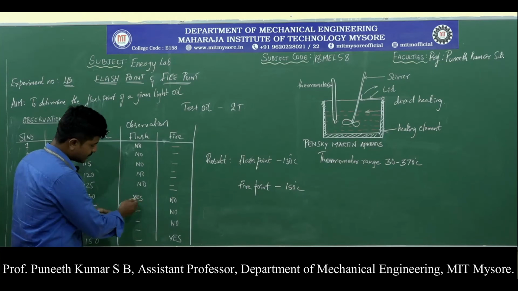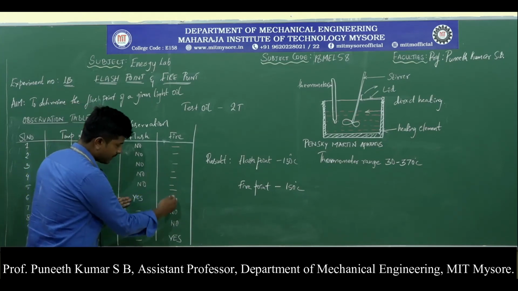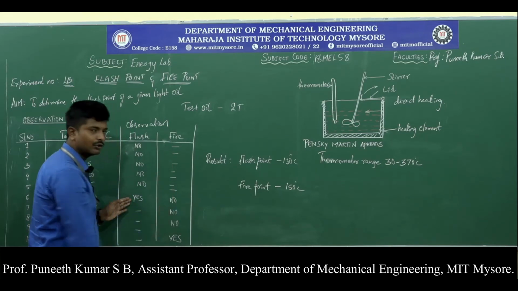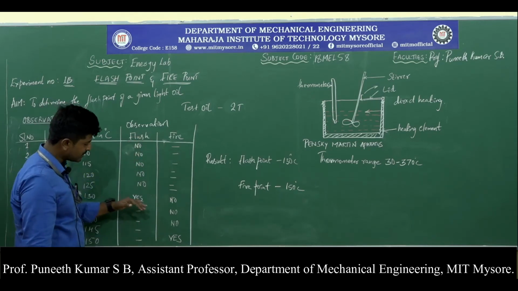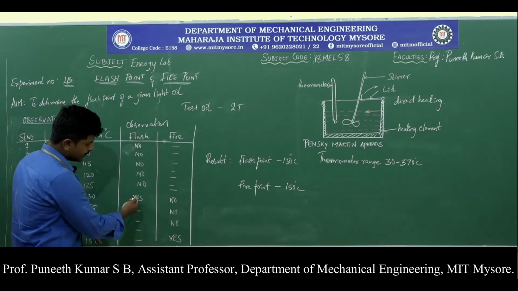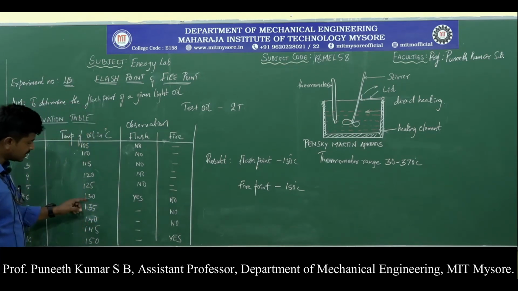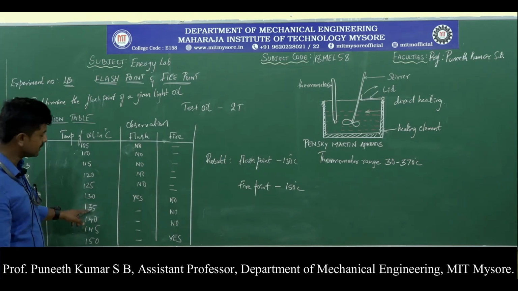Only after the flash point has occurred will I move on to the fire point column and write yes or no. Whereas in the flash point column, once the flash has occurred, there will be no more writing of yes or no. So after 130, we went for 135, repeated the procedure by taking the test flame.